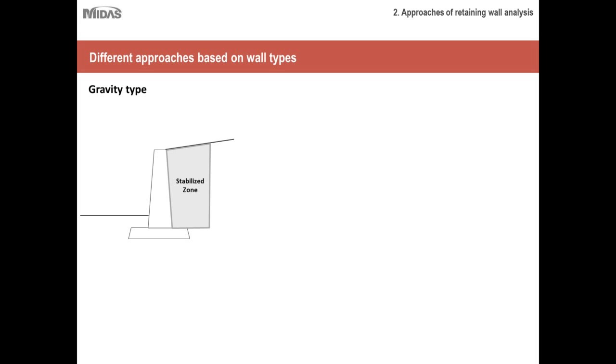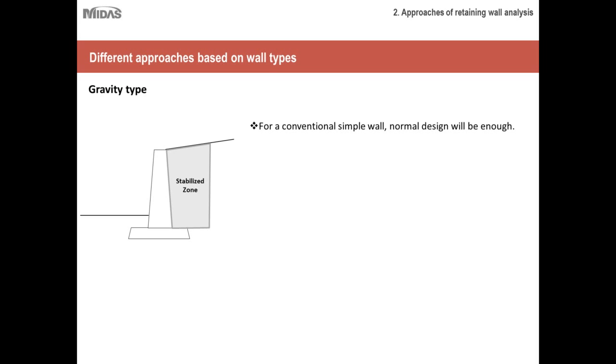And when you are dealing with the most conventional type of gravity walls, then the conventional approaches that we just learned, that is the checks that we talked about, the sliding, the overturning, the bearing capacity checks, all that can be used to design the gravity types of wall.